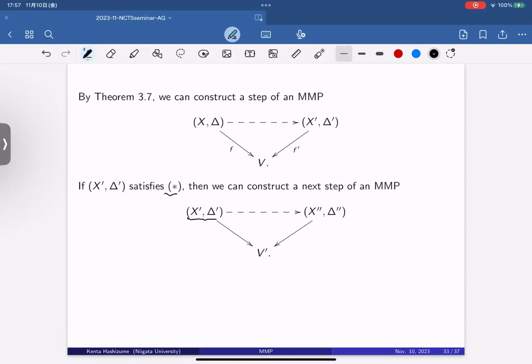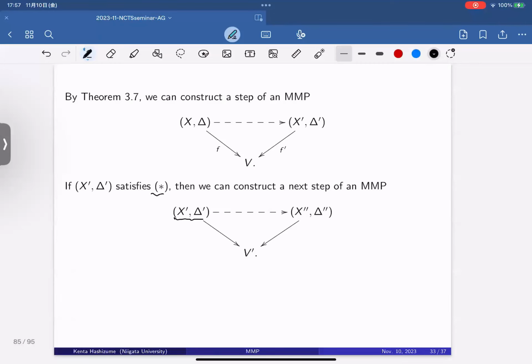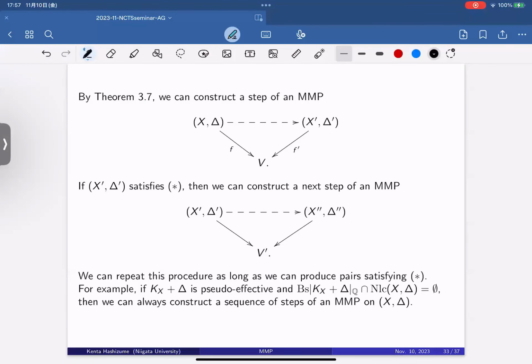Then by the same argument, we can construct the next step of an MMP. We can repeat this argument for the construction of an MMP as long as we can produce pairs (X'', Δ'') such that the condition asterisk holds.